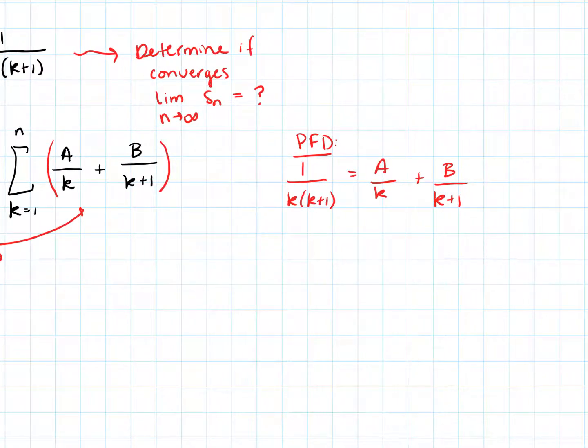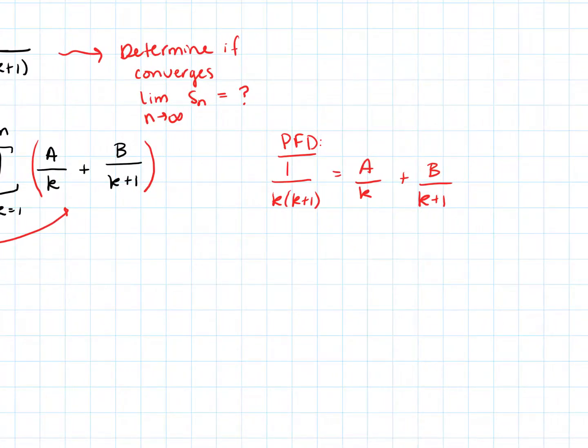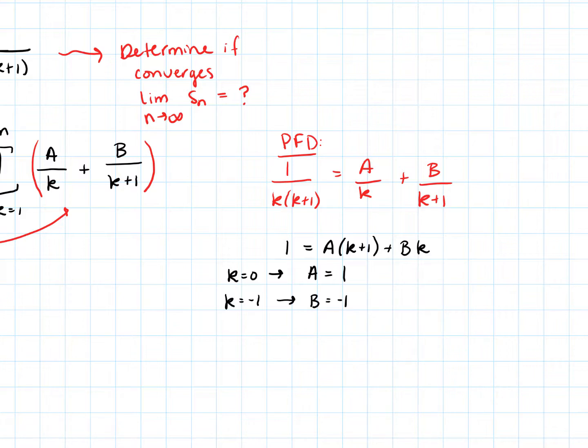Using our partial fractions, 1 is equal to a times k plus 1, plus b times k. Using some special easy values of k to find a and b, let's plug in k equals 0. Then a equals 1, and if k equals negative 1, then b is negative 1.